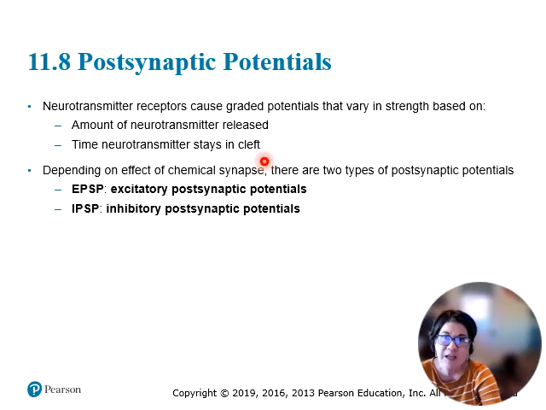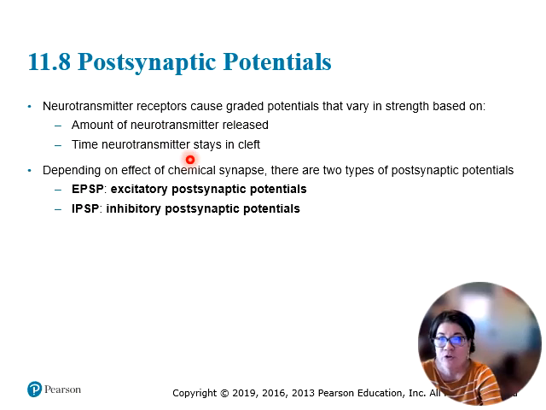Okay, so postsynaptic potentials. The neurotransmitter receptors cause graded potentials that vary in strength. It depends on how much neurotransmitter was released. This is also how drugs work. So if you have a lot of neurotransmitter, which can sometimes be drugs or they can do other mechanisms, it's going to have more of an effect.